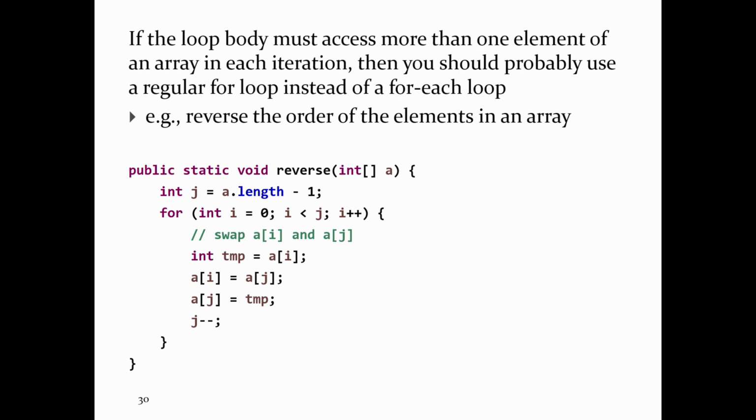As soon as i and j cross, so as soon as j becomes an index in the front half and i becomes an index in the back half, you want to stop. If you don't stop, you switch the first and the last, and the second and second last, and then when you get to the middle, you're going to switch all your elements again. So what you end up doing is putting the array back into its original order. So here the loop termination condition is: as long as i is less than j, the loop should run.